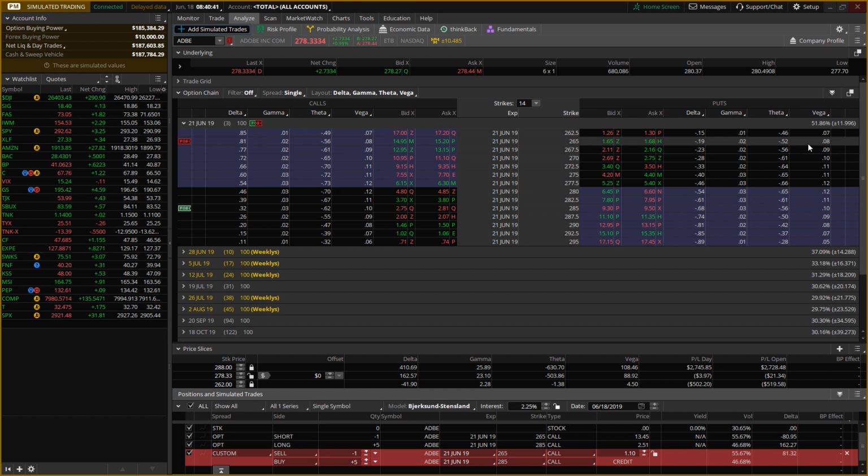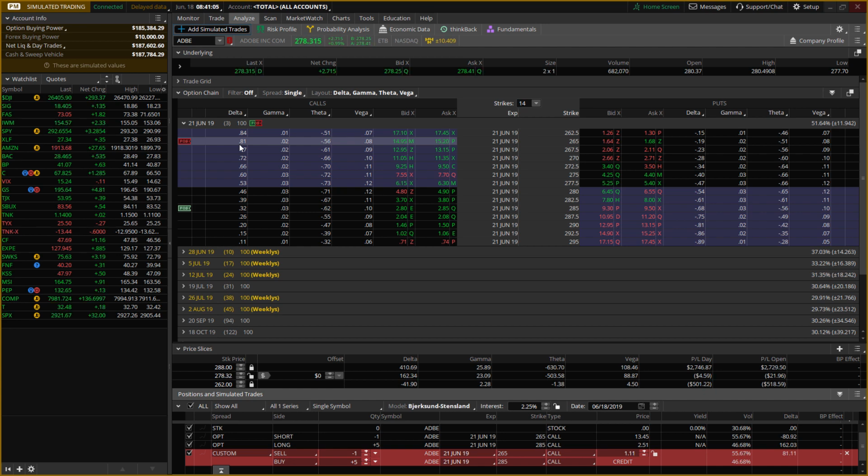And what I'm doing here is I'm just going to use straight delta, even though the delta will change per dollar with a move higher or lower, based on how in and out of the money they are. So I just want to do something hypothetical. Let's say that it moved up $10. So based on this, I've got a $10 move at an 81-cent delta. So I'm going to go $10 times 0.81.